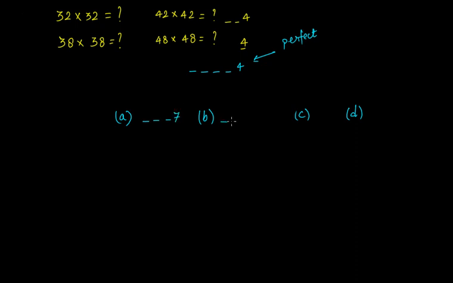In this one, your number ends with, let's say, 3. And in this one, your number ends with 2. And in this one, your number ends with 8. Let's suppose.